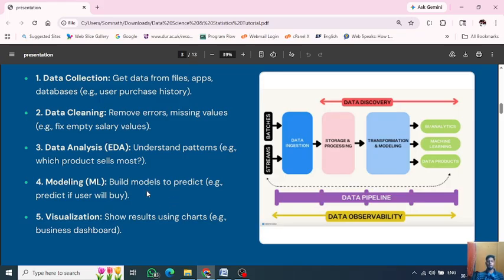So here we are teaching the machine to predict something.